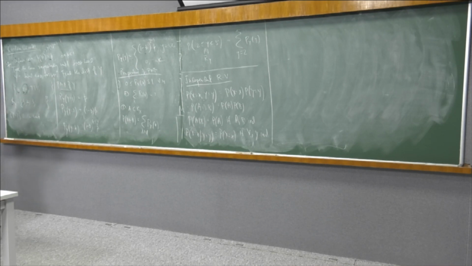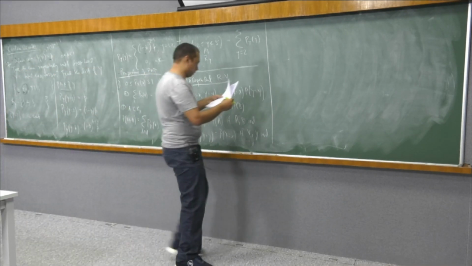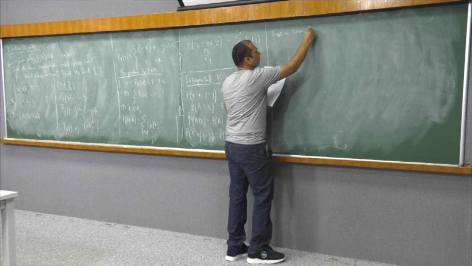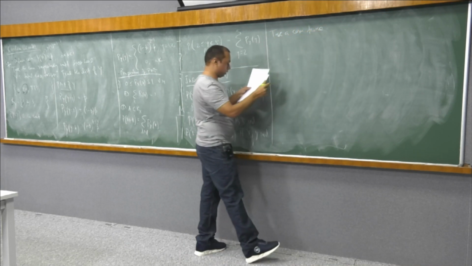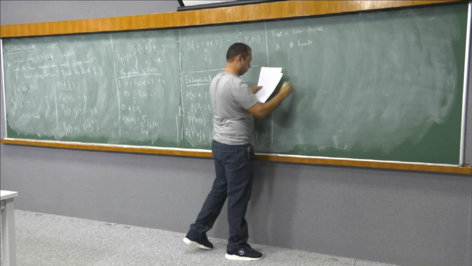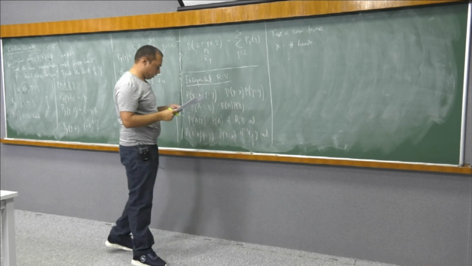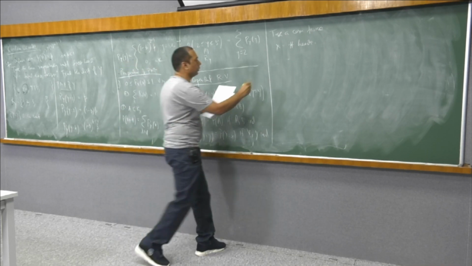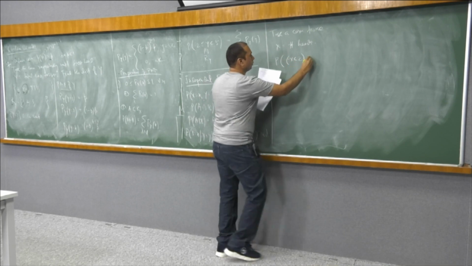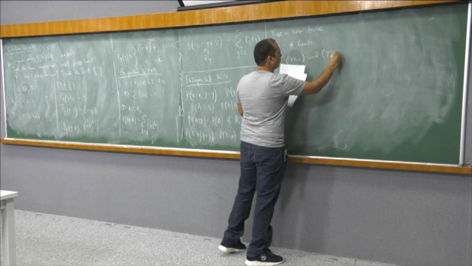A small quick example on this. Toss a coin twice, and X is the number of heads. Then find the probability, where we are supposed to use the independence: X less than 2 and Y greater than 1.